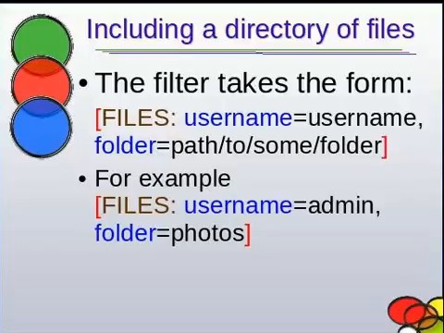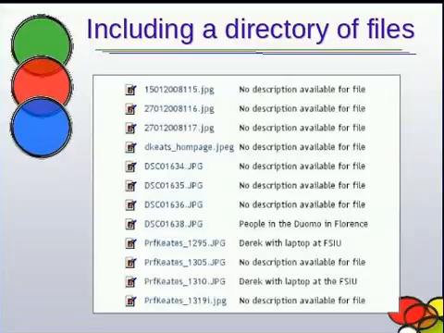And that will produce a list of all of the files in the photos folder or directory, something like this. And you can see that where there's no description available, it doesn't obviously produce anything except it says no description available. This is a very powerful way to be able to upload files and make them available to people in one fell swoop, as opposed to linking them one by one.